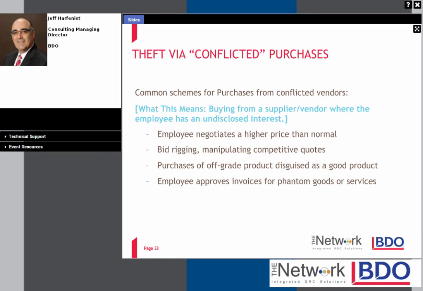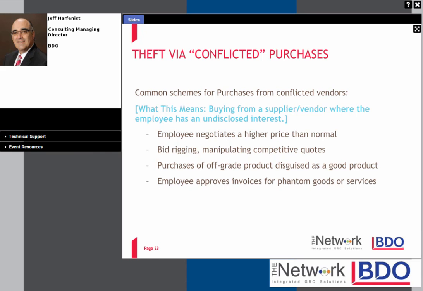And when that's present, you have several risks. Number one, that employee can negotiate a higher price than normal with that supplier, vendor, and of course, that hurts the company, and that's typically associated with something like a kickback scheme. There are opportunities for bid rigging, if there's a competitive bidding issue, where that employee's relationship with that outside company gets the information necessary to win the bid.